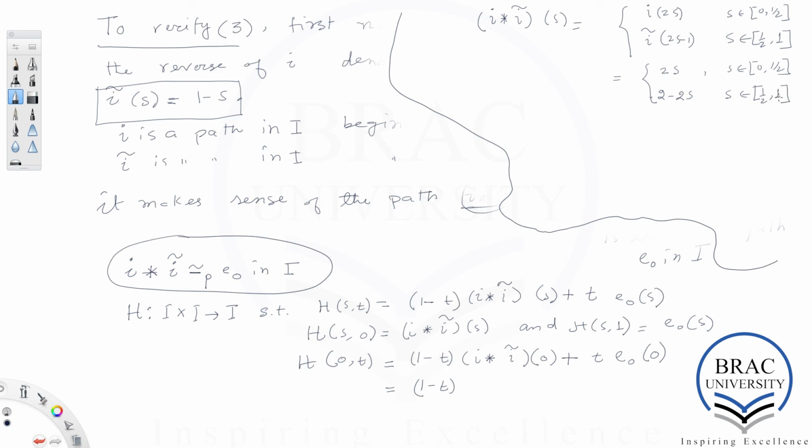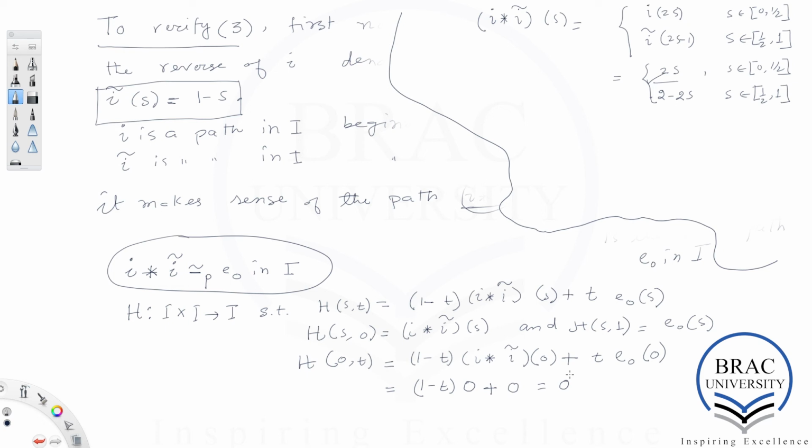Okay, so using this definition of I star I twiddle at s, we get I star I twiddle at 0 being equal to just 0, because we are applying this formula for s equal to 0, and E0 at 0 is simply 0 because E0 is a constant map. So this is 0, so everything goes away.